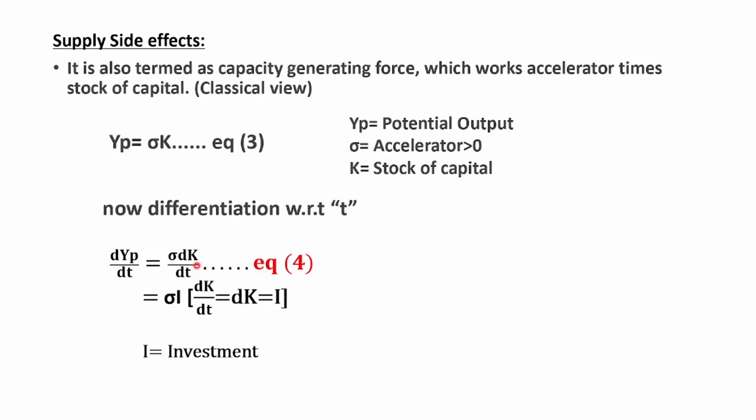When there is a change in capital stock, that means there is investment. So instead of writing dK, we can write I, investment, because change in the stock of capital is due to investment. That's why in place of dK we can write investment. So this is equation 4.